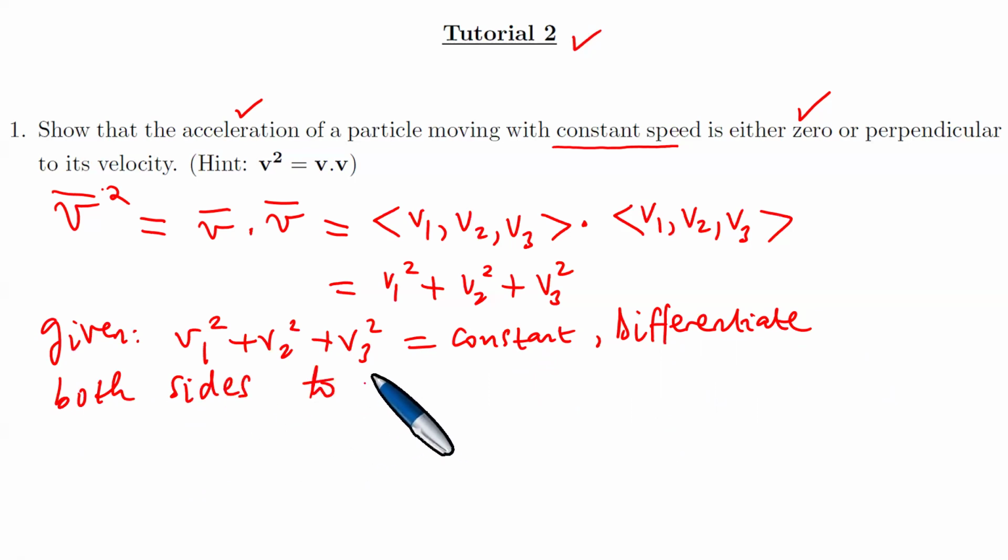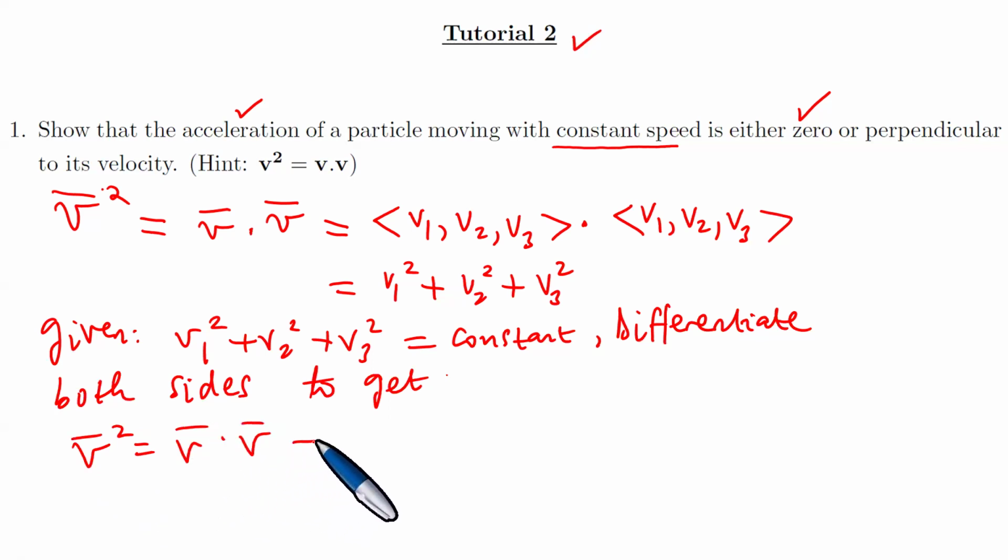We differentiate both sides to get V squared. If V dot V, then it's V1 squared plus V2 squared plus V3 squared.